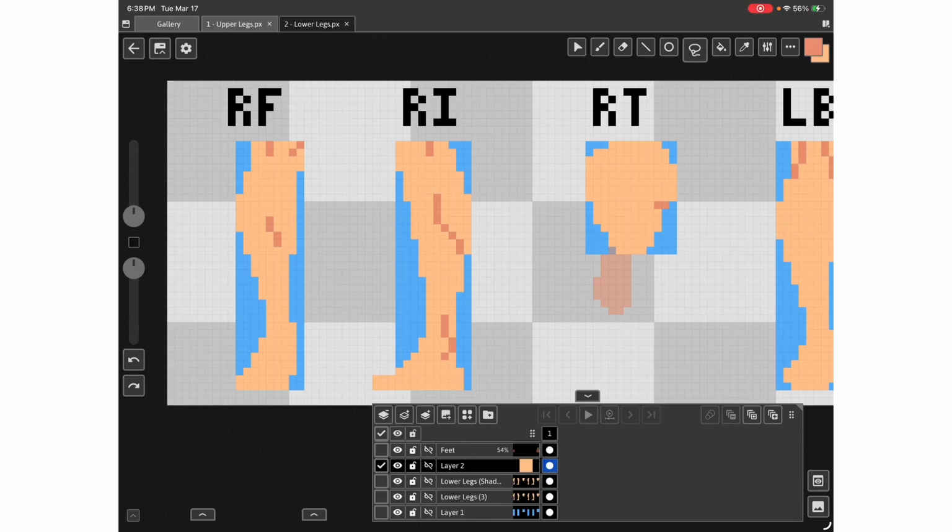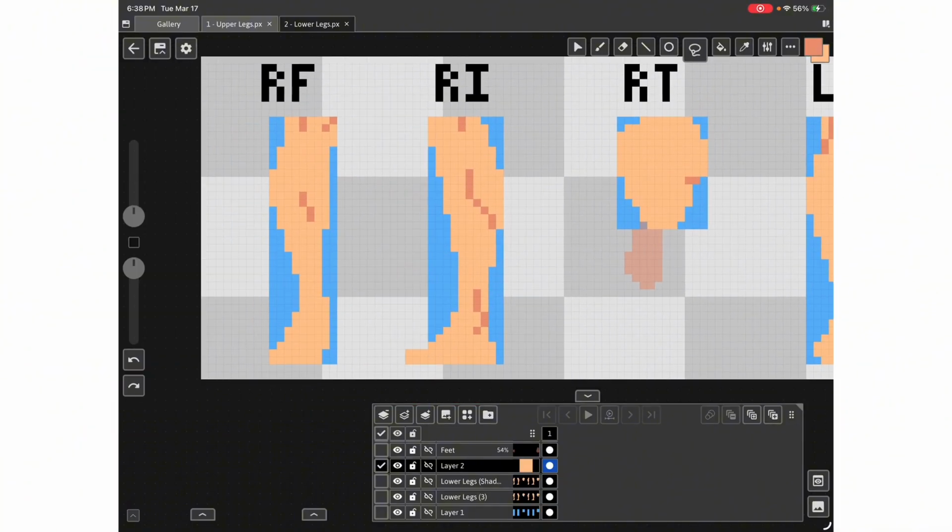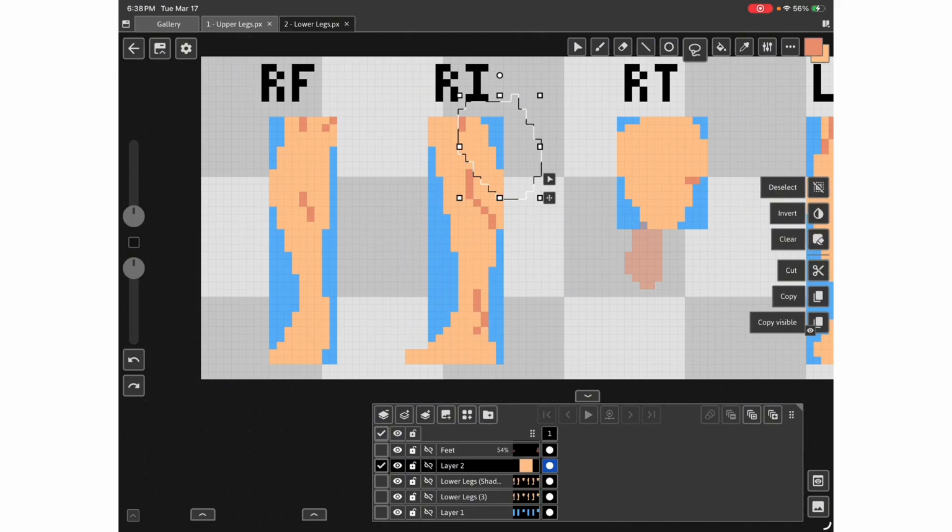You don't have any preconceived notions. You don't have any misconception. You don't have an idea in your head of how it's supposed to look. You just draw the curves of these things.